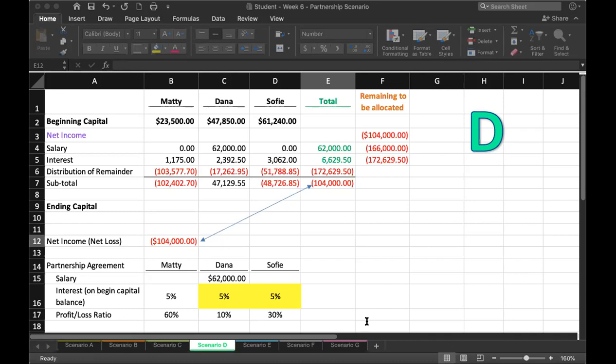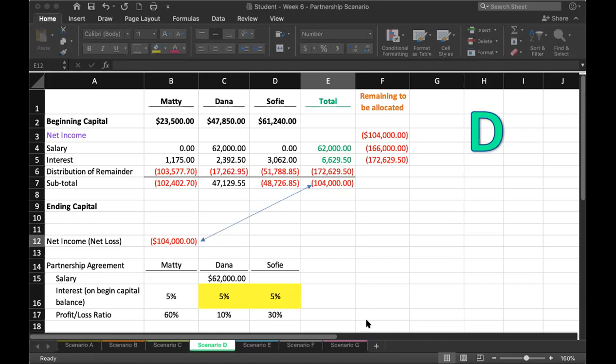So in other words, if the partnership goes belly up and it is a limited liability partnership, then the creditors can come after the assets of the partnership, but they cannot come after the assets of the partners.